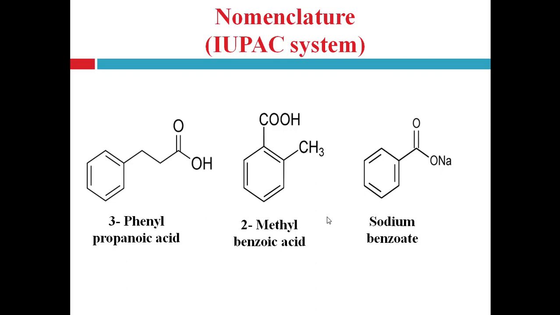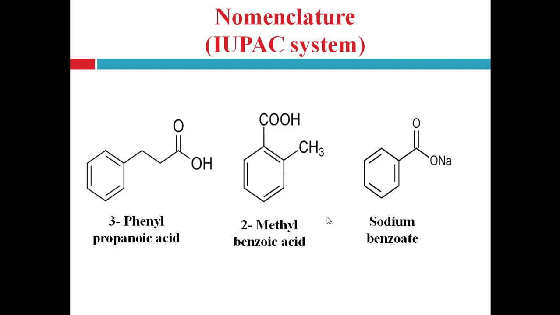This one is the salt, sodium benzoate, right? A salt has one anion and one cation. So here the cation is written first, that is sodium, and then benzoate is written, right?